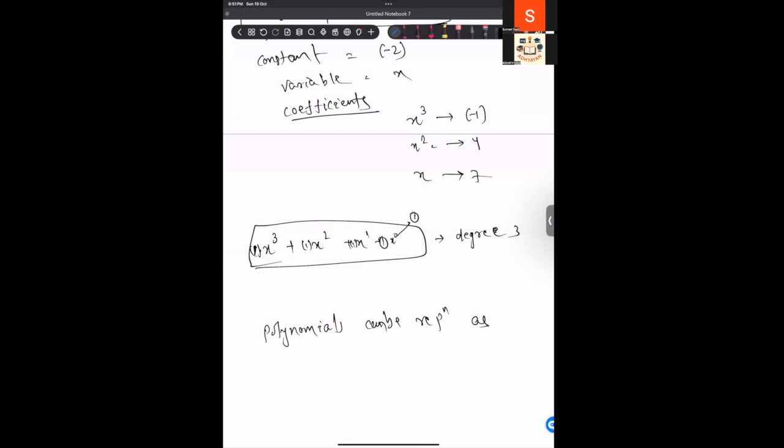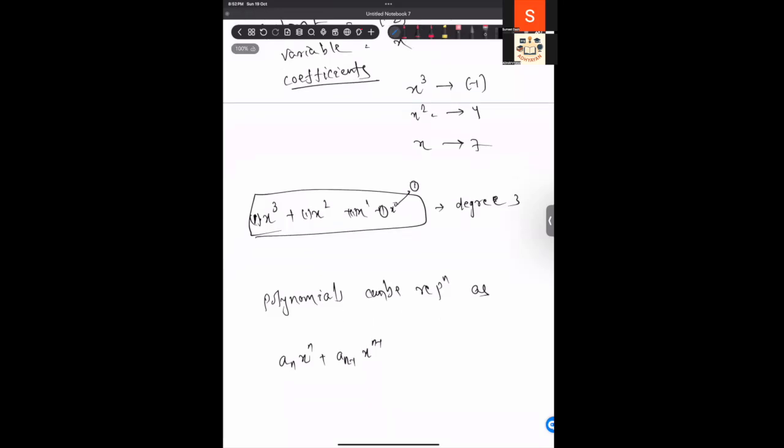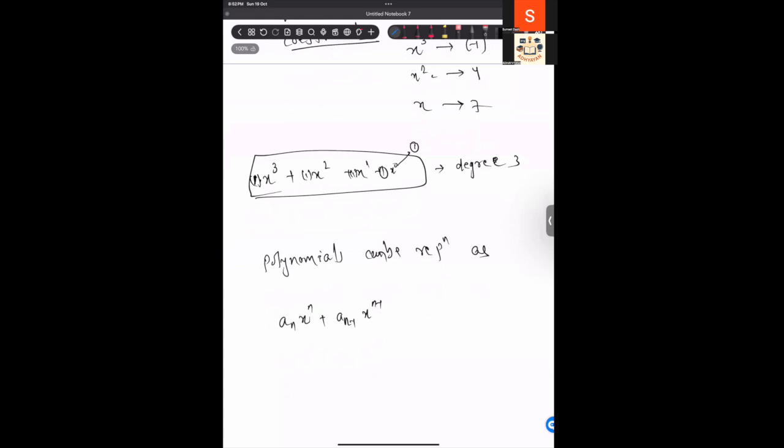Now, can we say that polynomials can be represented as a_n x to the power n plus a_(n-1) x to the power n minus 1? You can call this a, or give it a very specific expression also. Just look at the pattern of the power that is changing for x.